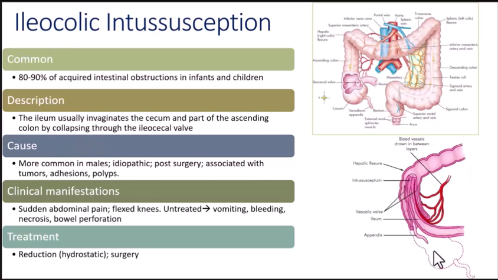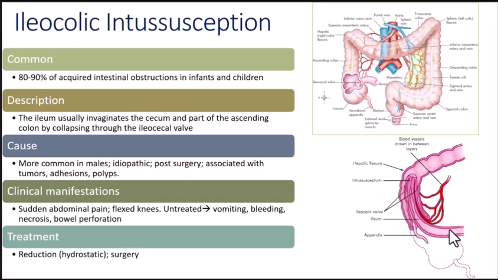So what does that mean? Well, here we can see where the cecum should be. Remember that the ileocecal valve is that valve that brings really food or fecal material from the ileum into the cecum, which is the first part of the large intestine.